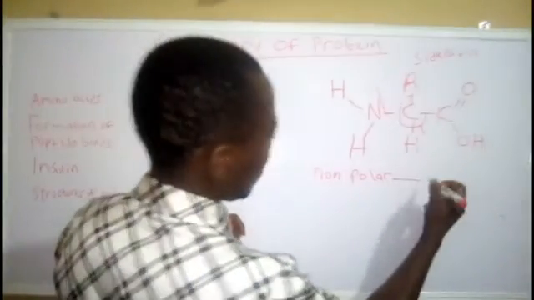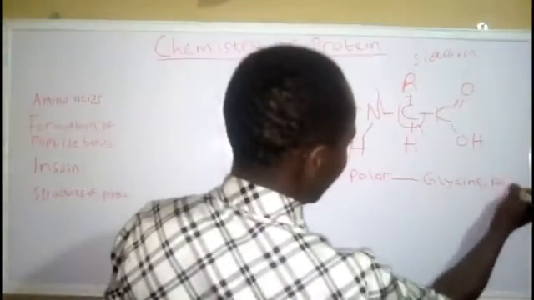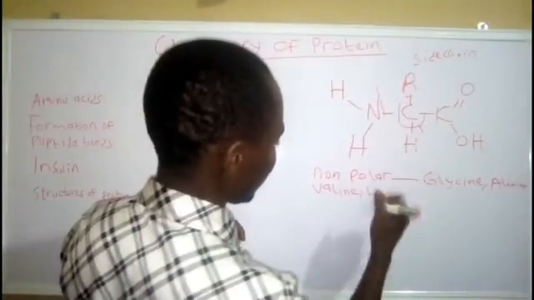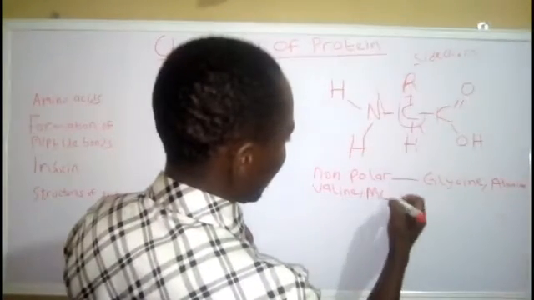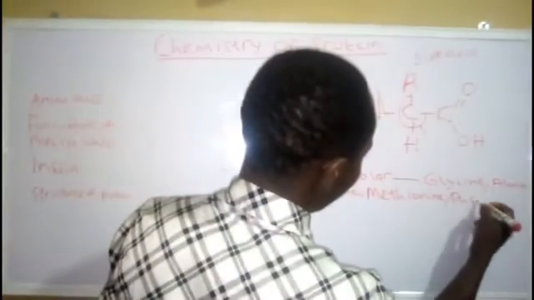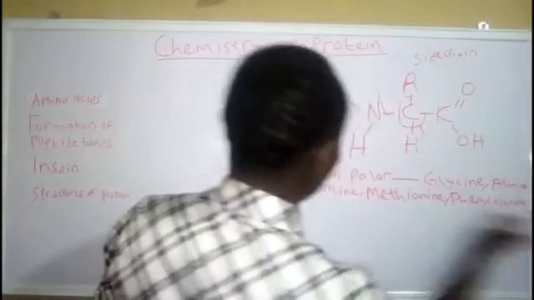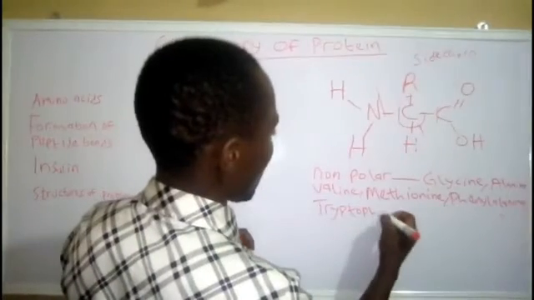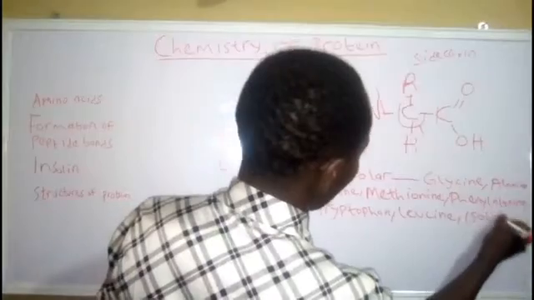We have glycine, alanine, valine, methionine, phenylalanine, tryptophan, leucine, and we also have isoleucine.